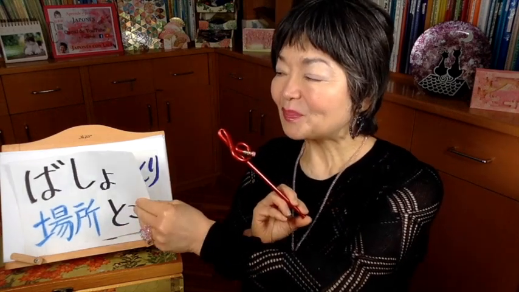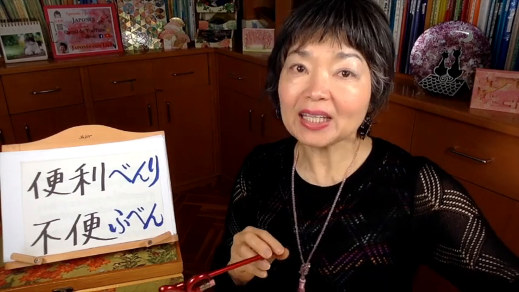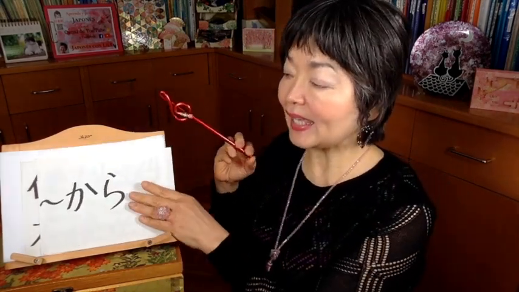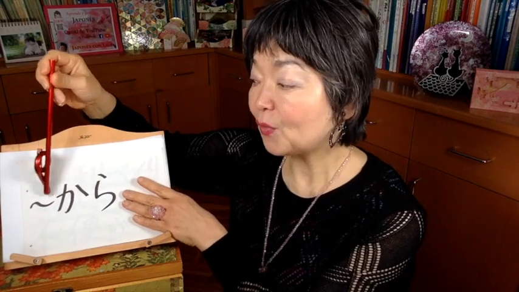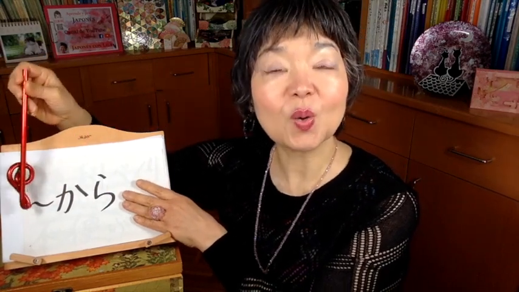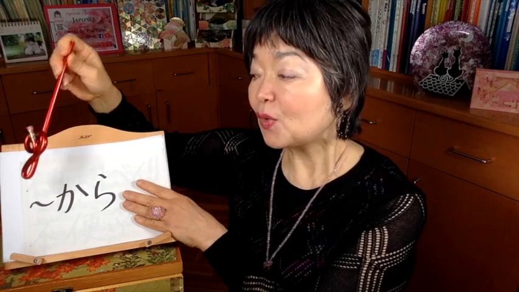I can say, ここは駅から遠いです. Do you understand it? ここは, this place, 駅から, from the station, 遠いです, far. So it means it's far from the station here.